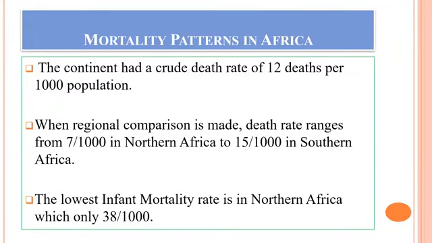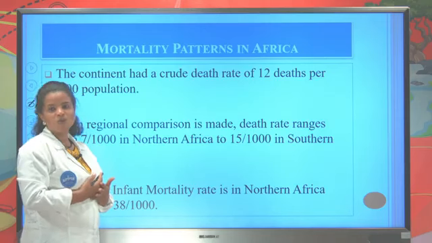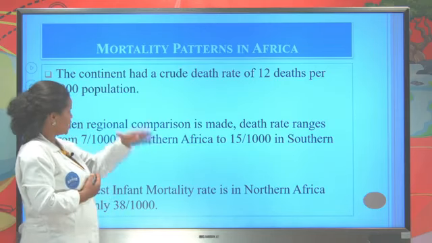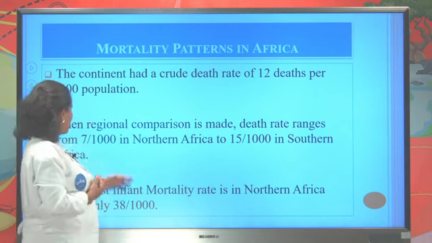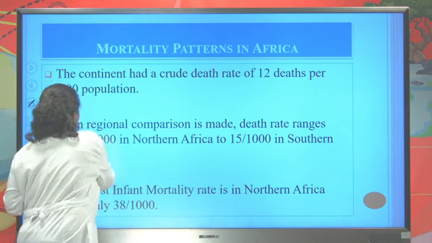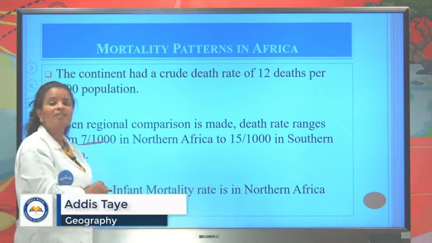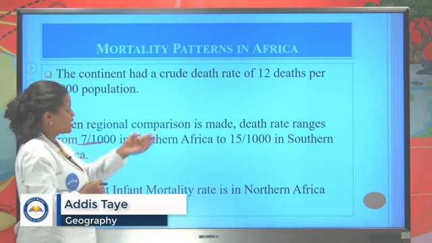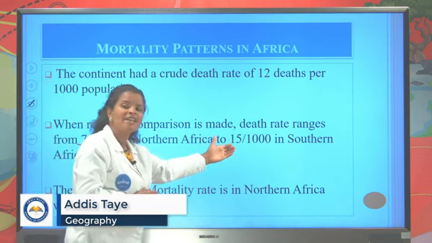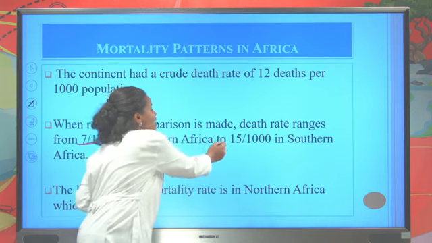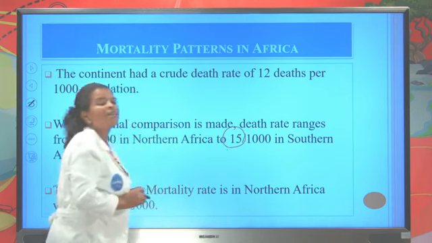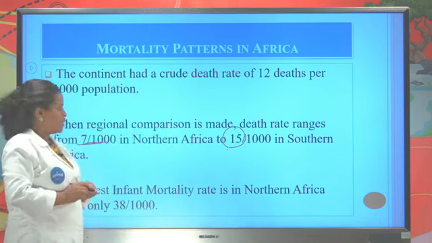The continent had a crude death rate of 12 deaths per 1,000 population. When we look at the regions of Africa, in Northern Africa there are only 7 deaths per 1,000 people, and in Southern Africa the mortality rate, or crude death rate, is very high. It is 15 people dying per 1,000 people.